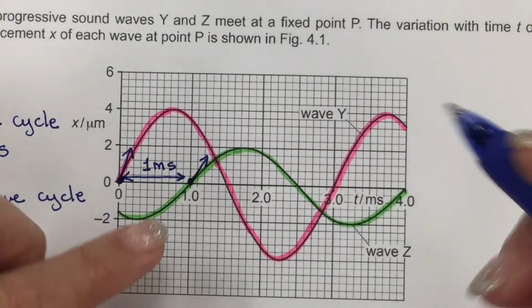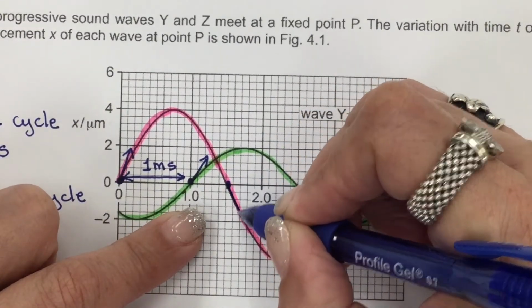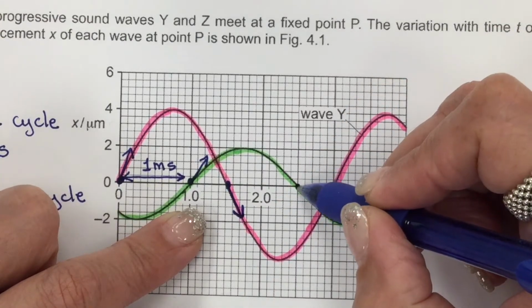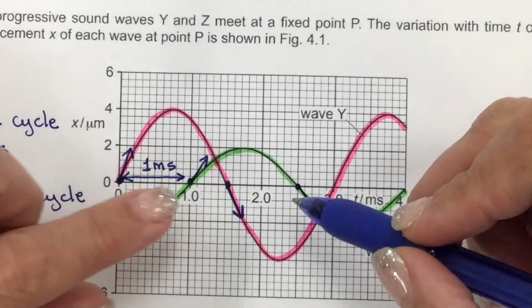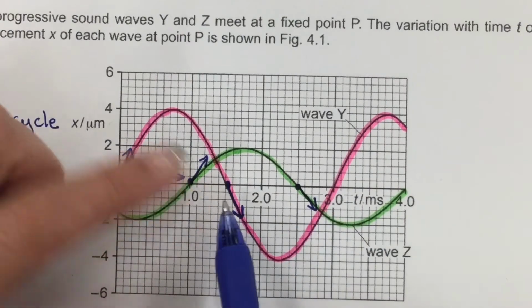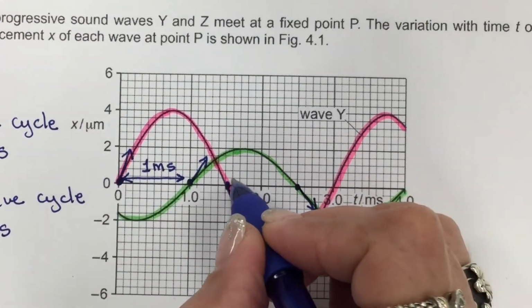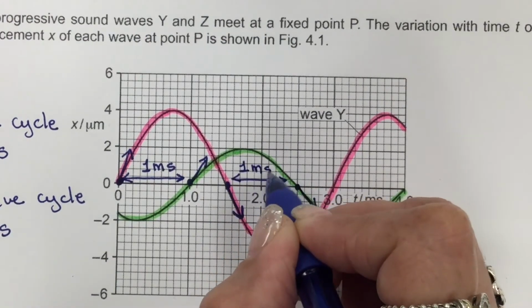Another example, if I pick a point right here on the pink wave that is going down, right here also is going down. And here is 2.5 milliseconds and this is 1.5 milliseconds. So the difference is also 1 millisecond.